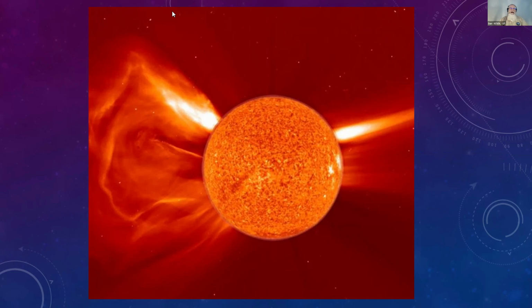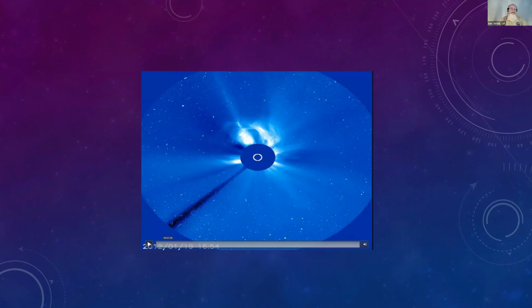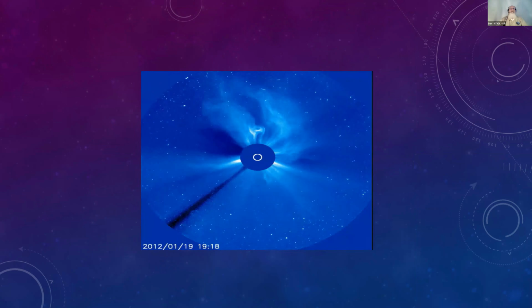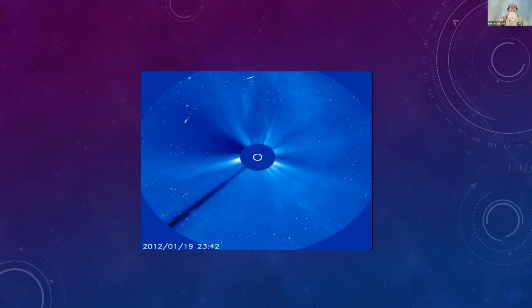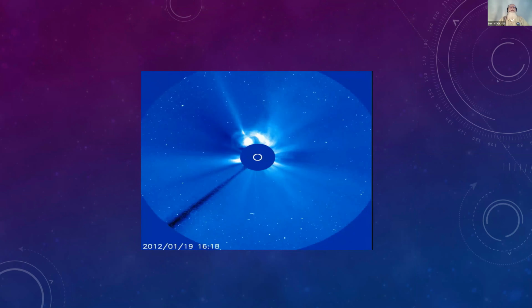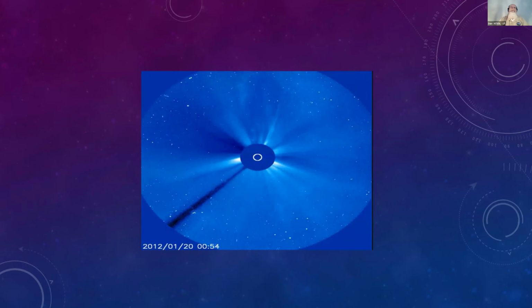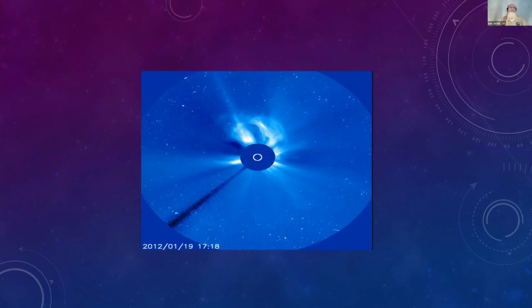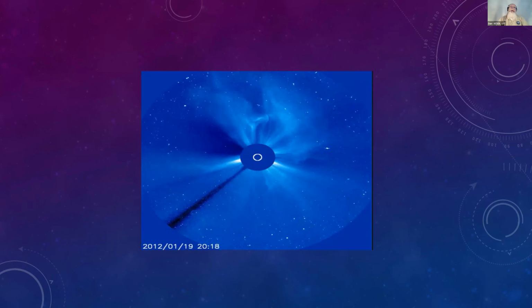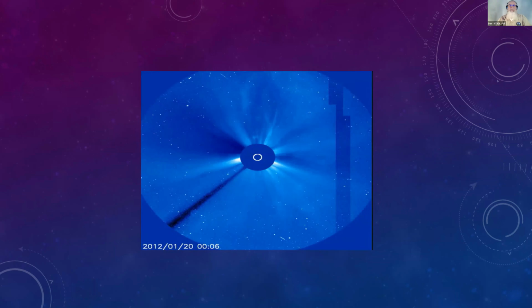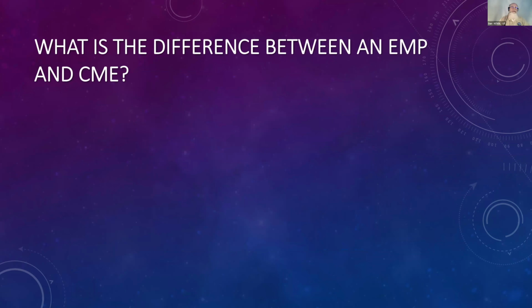As a matter of fact, here is the action of a CME that's happening, and you can just see the billions of tons of product that is leaving the sun. It's not bad if it's not pointing towards us, but if it's pointing towards us, then bad things can happen, and we're going to talk about that.